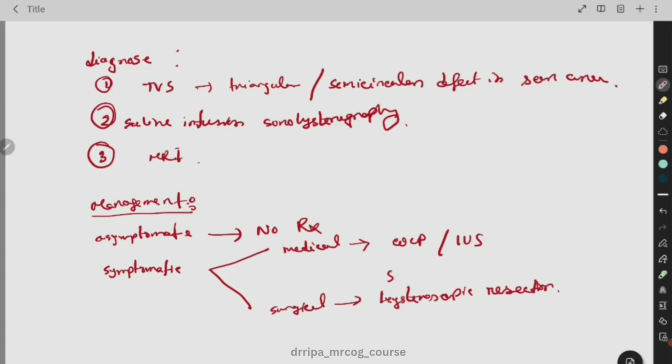So this one is for shallow niche, and in case of deep niche, we may need laparoscopic or transvaginal repair. So this helps to restore the normal thickness of the uterine wall. So this is all about Caesarean scar niche, and it's definitely an important topic, so we need to understand it well.